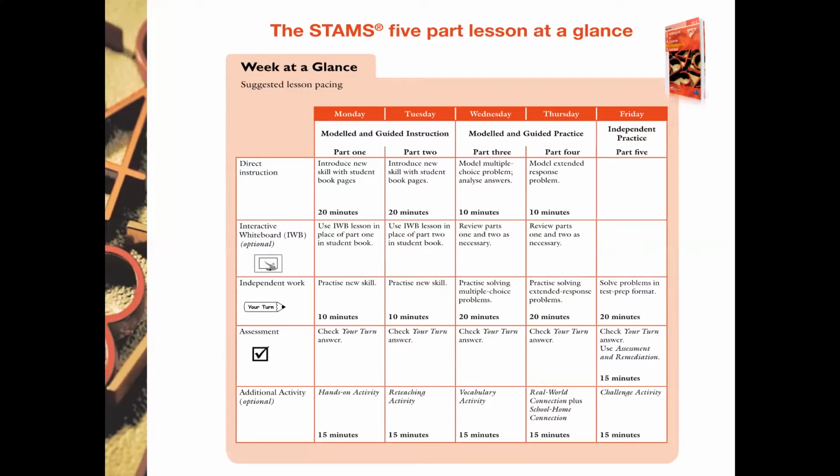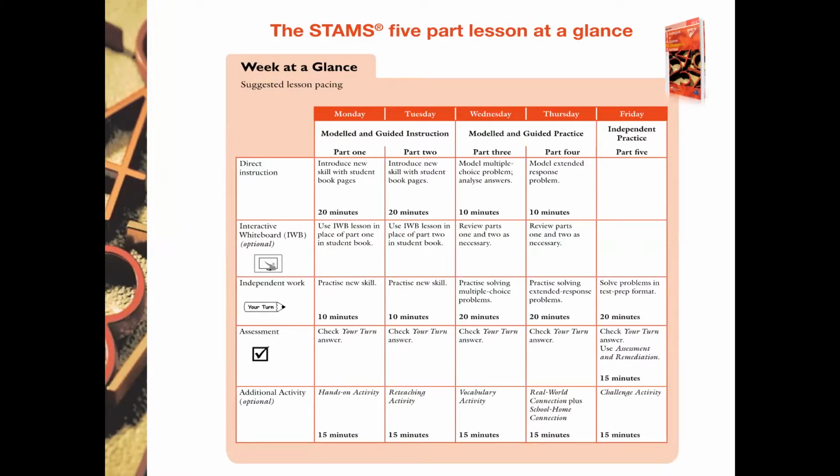In the beginning of the STAMS teacher book, they give you a week at a glance. And remember, this is completing all the lessons in 5 days, which most schools can't. But try and do at least 2 to 3 lessons a week. If you just do one, you're not going to get through the whole lessons if you really break it down and work it out. But this is a really good planner for you to actually have a look at.